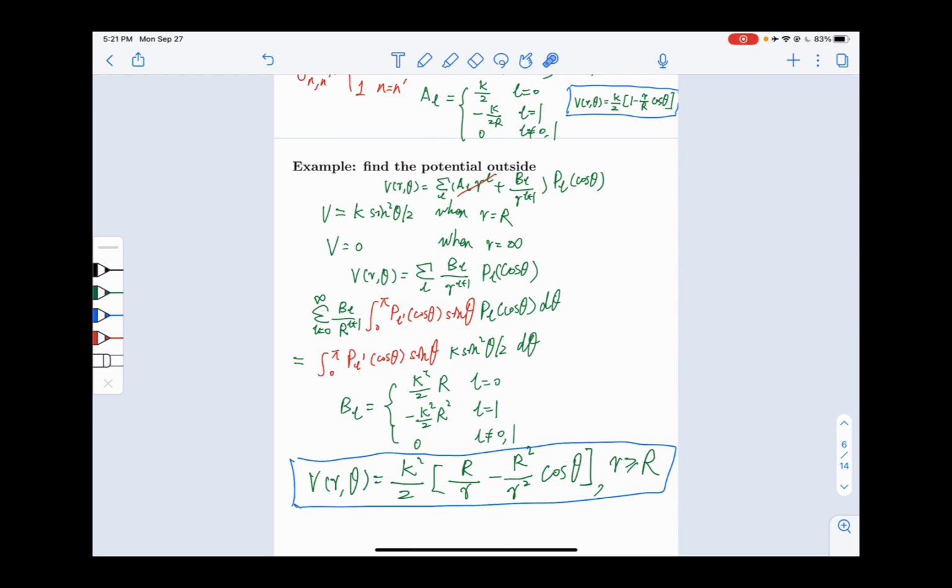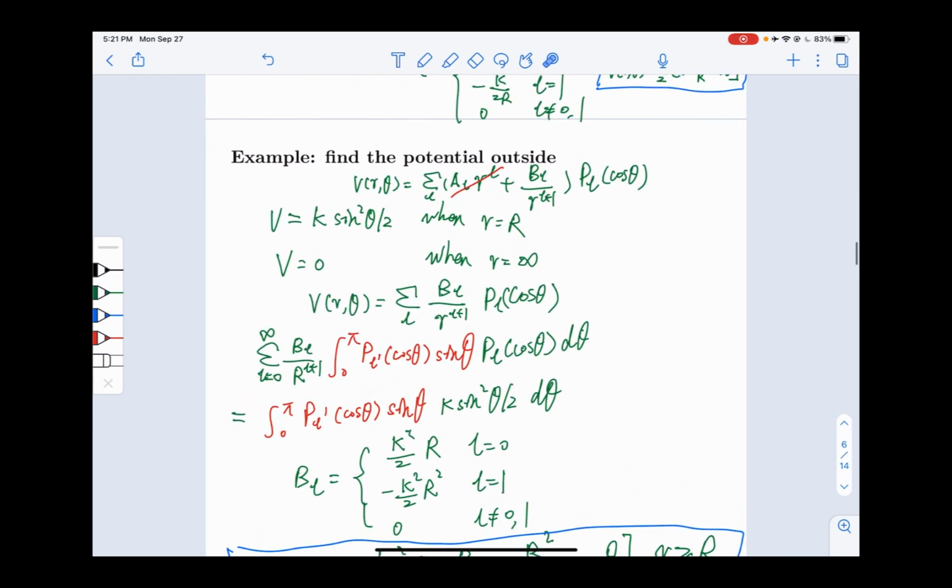Okay, so from this example, you might already get some experience that this AL and BL are really such that one is responsible for the potential inside, and the other is responsible for the potential outside.